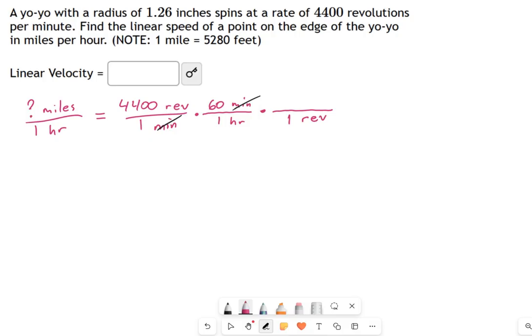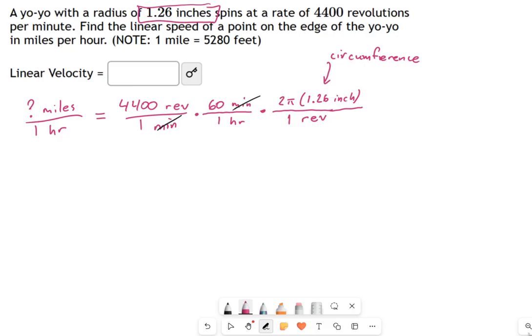I don't know how far in miles, but I do know that this thing is 1.26 inches in radius. So I can say that's 2 pi times radius, or 2 pi times 1.26 inches. Now, if you're wondering where that came from, that is the formula for circumference. Okay, that's the circumference of the circle.